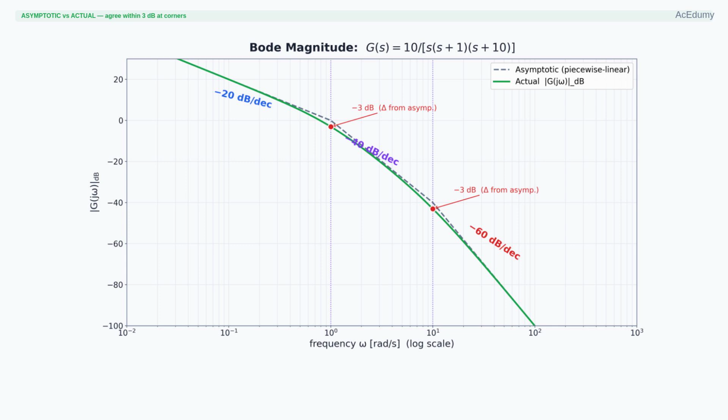Far from any corner, asymptote and true curve agree perfectly. Near a corner, smooth out the kink by 3 dB and you have the actual magnitude. For complex conjugate pairs, the deviation can be much larger, a tall resonant peak when damping is low. We will revisit this when we cover second-order details.